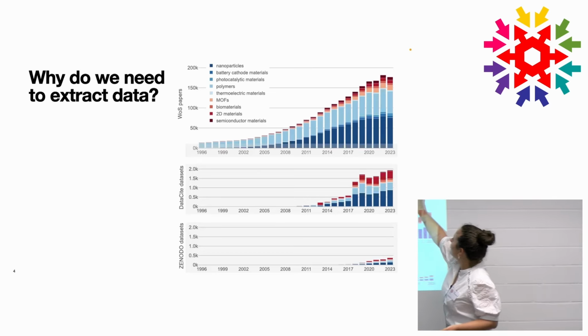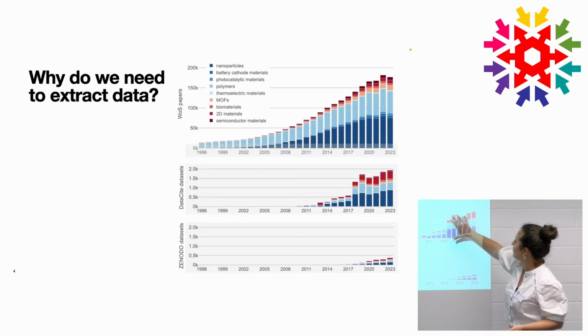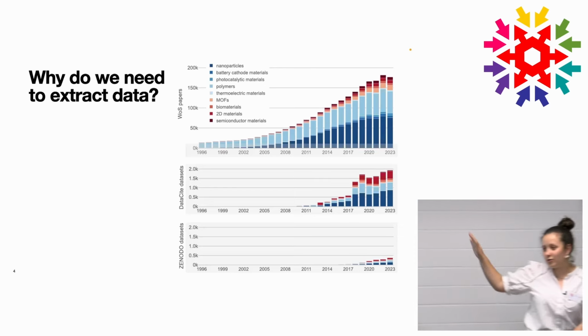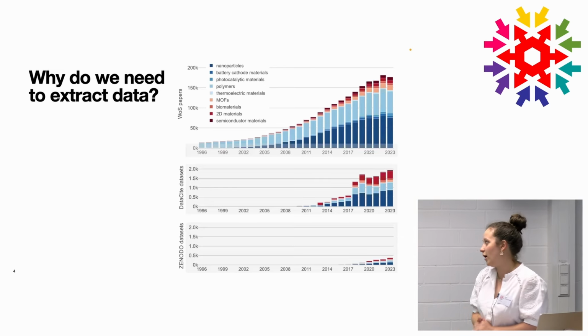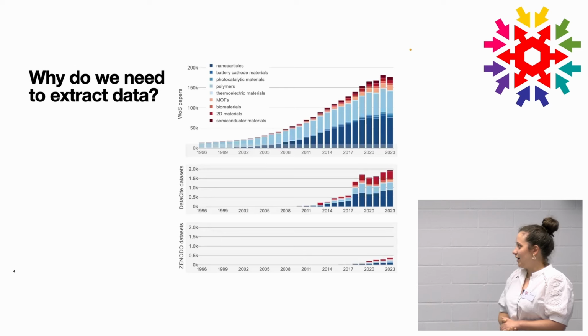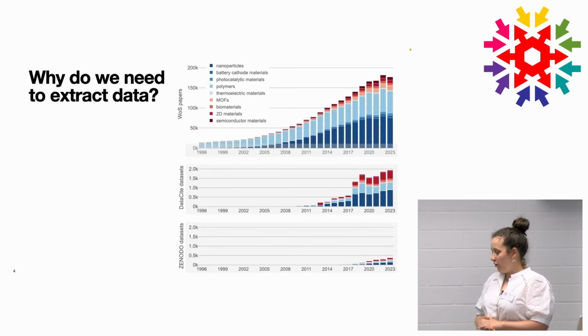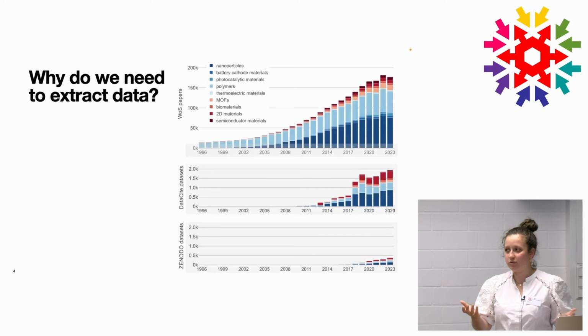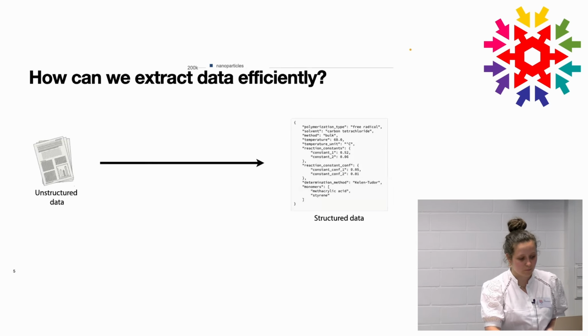Maybe you cannot see it, but this is the small gray box which is represented here. They're on completely different scales. So that's why extracting data is one thing you can do to actually get a larger structured data set to then maybe do some machine learning with it.